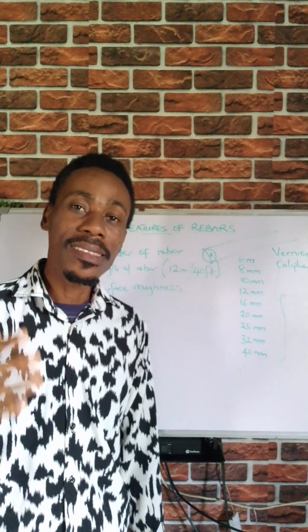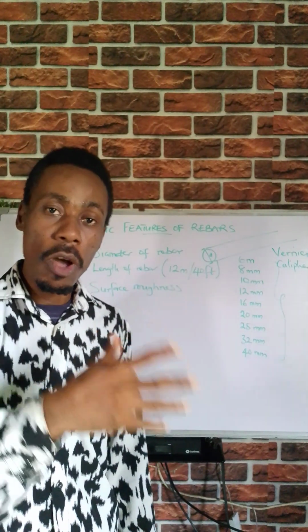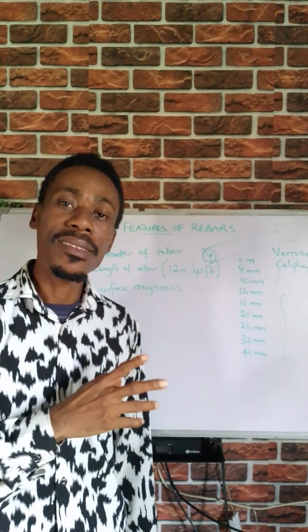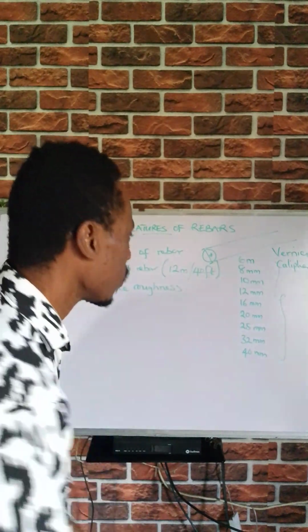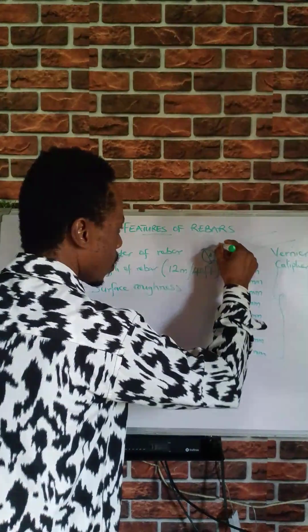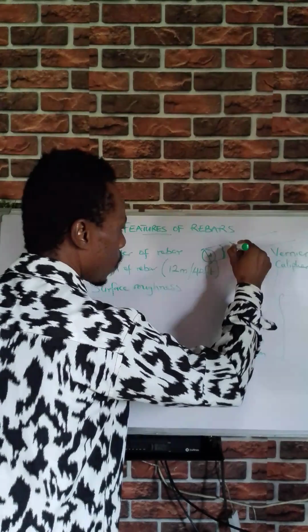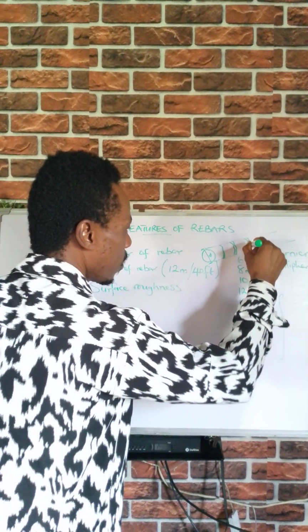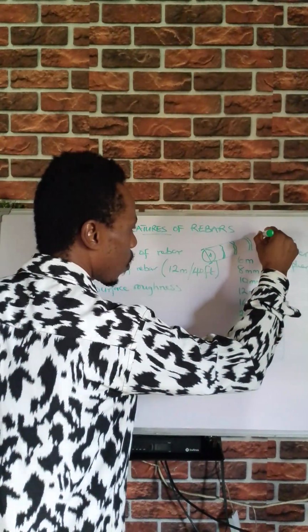Then in terms of the tensile strength, they also differ. We'll come to that as well. So the surface for the high yield steel is a deformed surface. We will be having something like this at the surface. Okay, now this is the deformed surface.